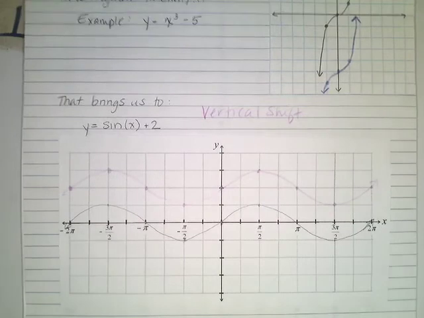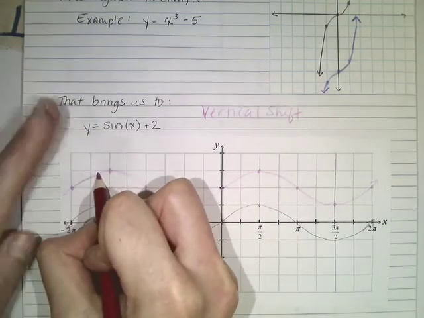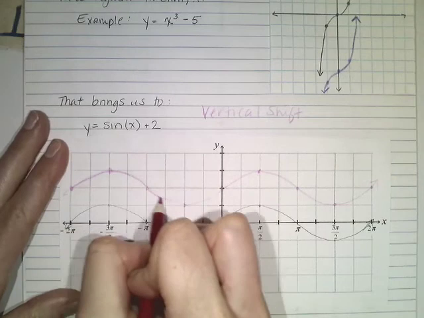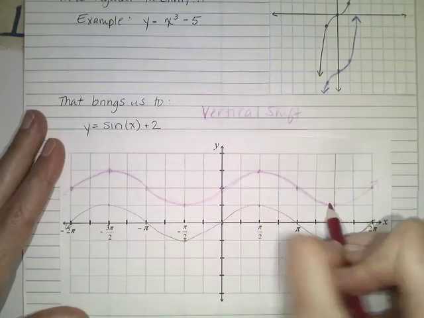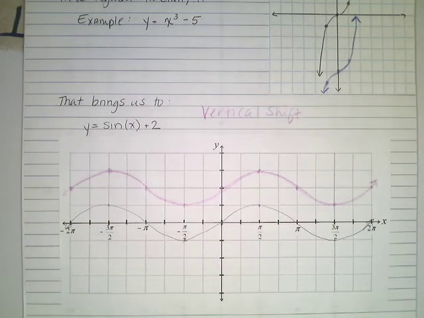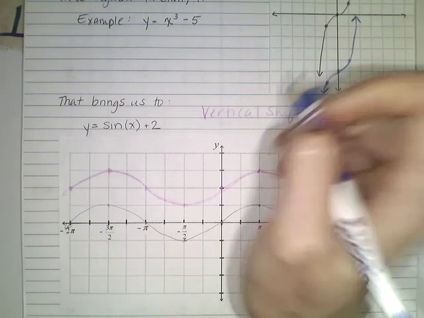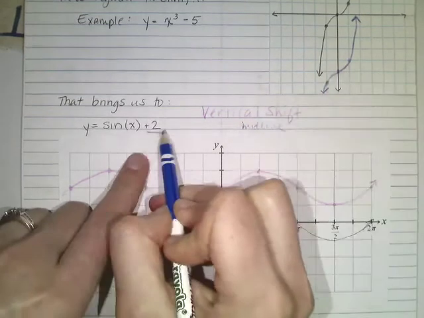In trig, let's make this a little darker so we can see what I'm talking about. In trig, the thing about a vertical shift kind of goes back to what we were just talking about with the midline. The midline becomes really important here. Let's do blue. Okay, so your midline essentially is what's changing, right?